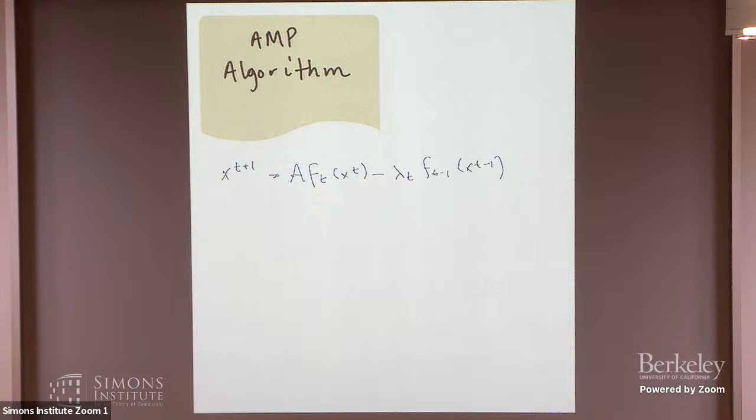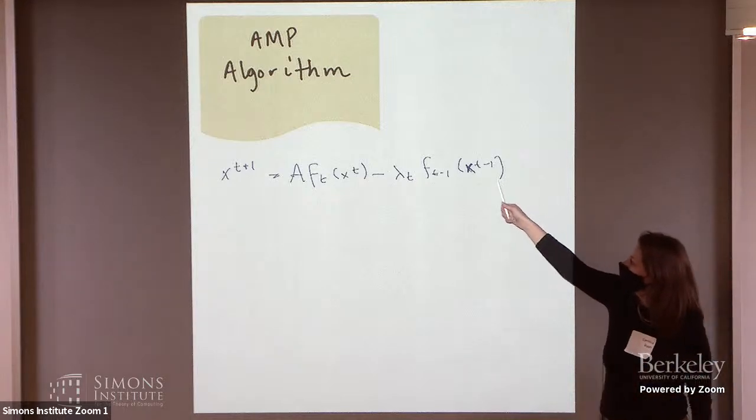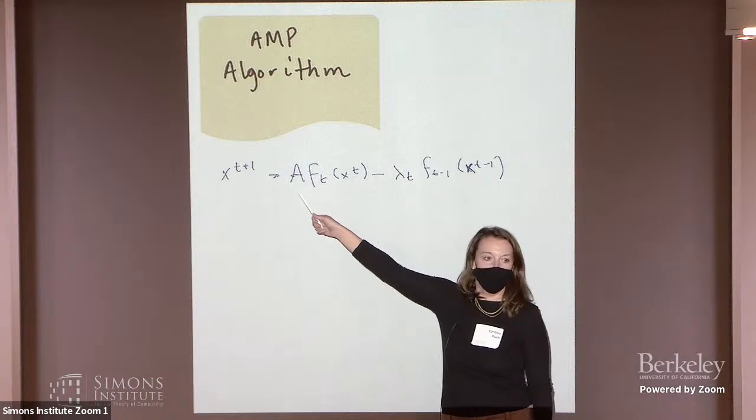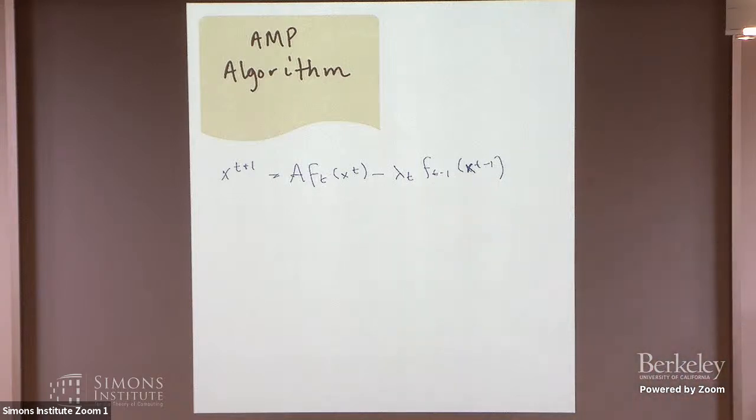This is the same recursion I was looking at earlier, but instead of calling them H's, I've called them X, to recall that now I have my data matrix there and not my GOE matrix.